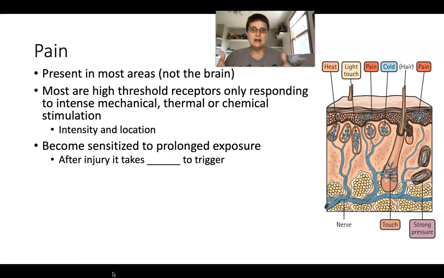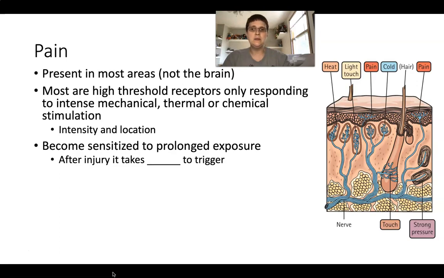Think about it. After you've gotten a cut, a deep bruise, whatever it might be, if you touch or bump that area that same day, later in the day, the next day, a week from then, if it's not healed up, it can be the slightest touch or brush, and that area is going to hurt again.